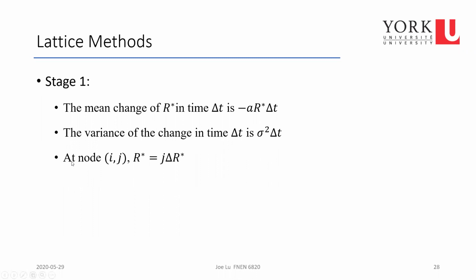And if you look at a particular node, your value of R star depends on your node I, J. So I is this way, J is this way. So J number will tell you where you are, and J times delta R star is what your R star value is.